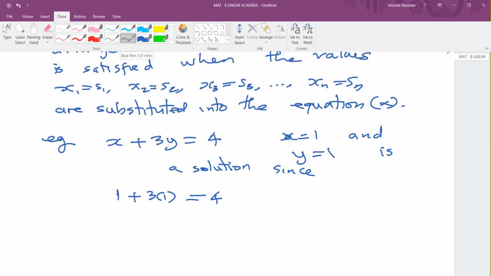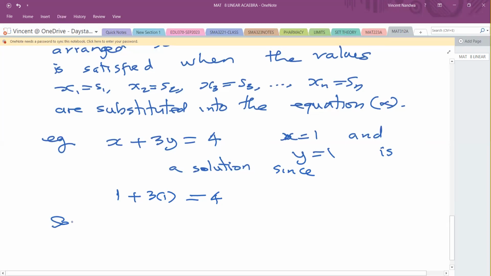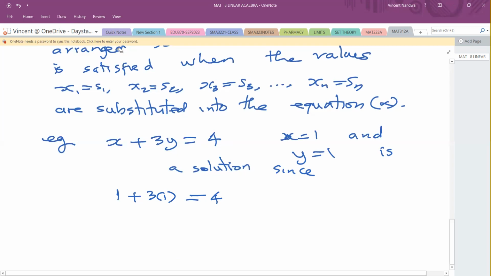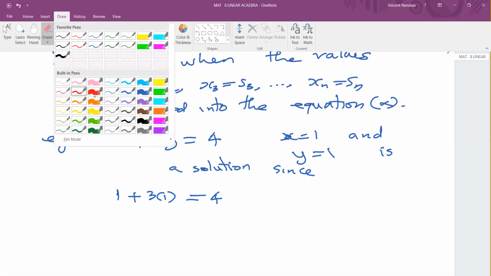So the set of all solutions to a linear equation forms what we call a solution set.